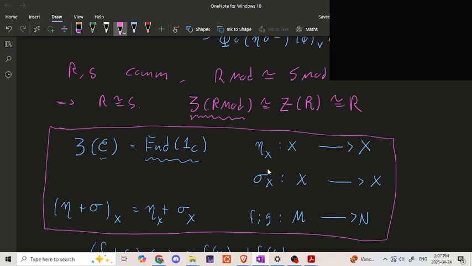Because by definition, if we assume, maybe I could call this fancy plus. So I'm defining what the additive operation is on our endomorphism set, let's say, of the identity functor.